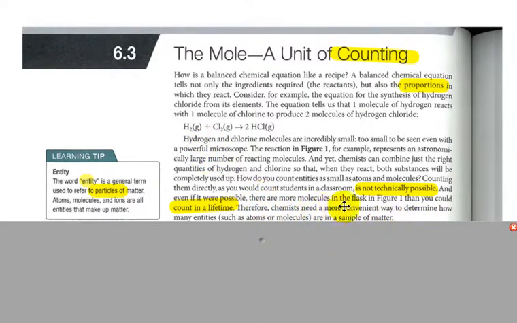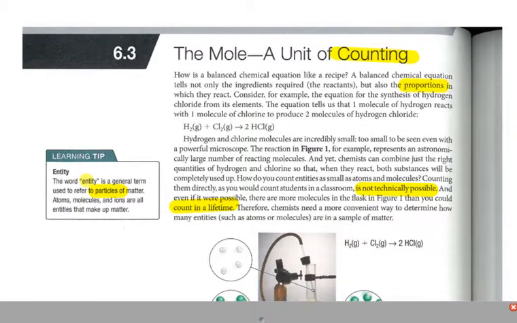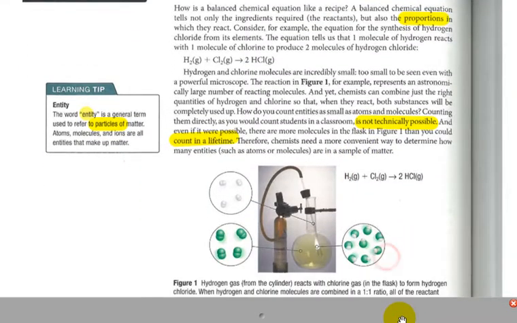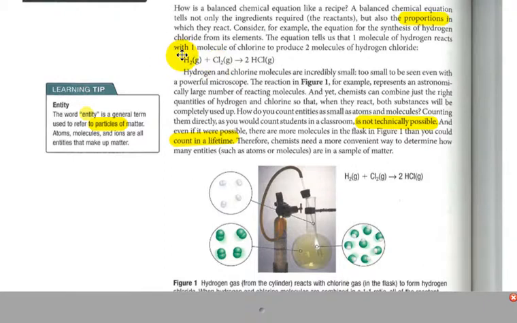Here they talk about having a flask, and with gases, 1 liter and 1 liter is equivalent to this ratio, and we'll see that later on when we look at molar volume.